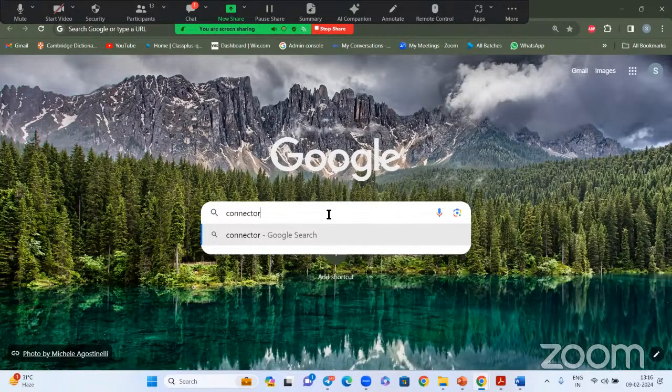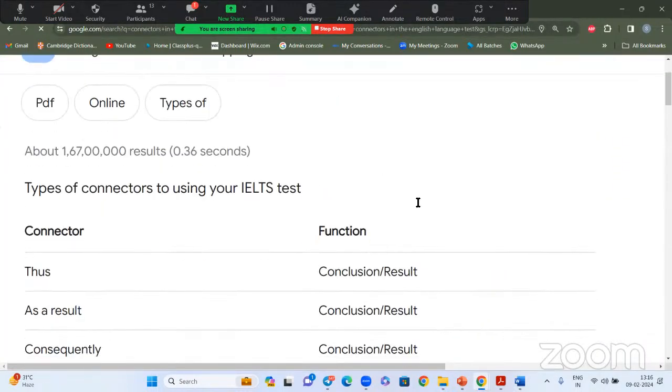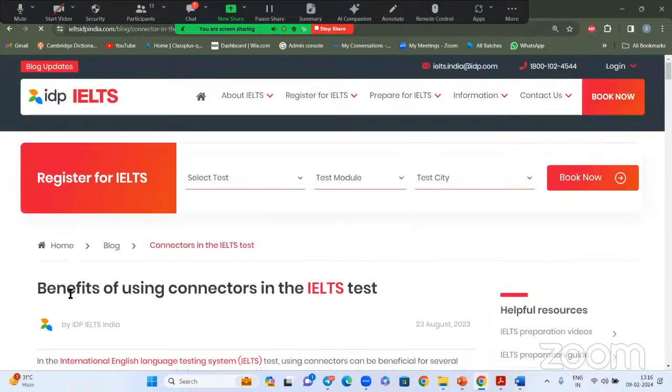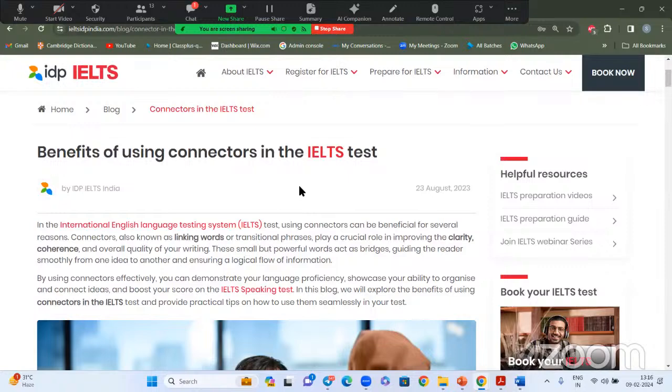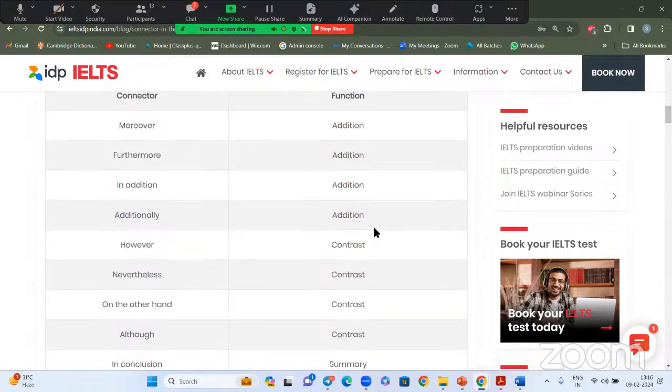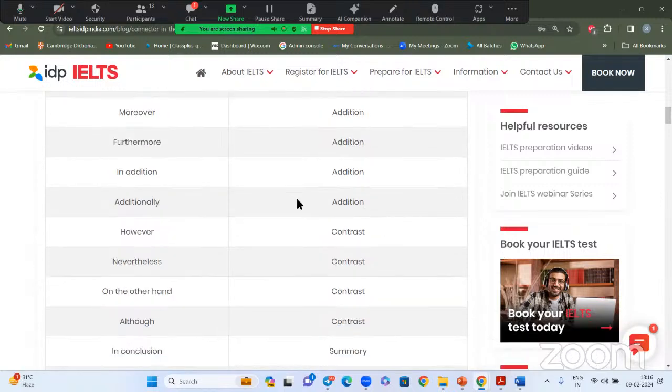Connectors in the English language test. There are different types of connectors.